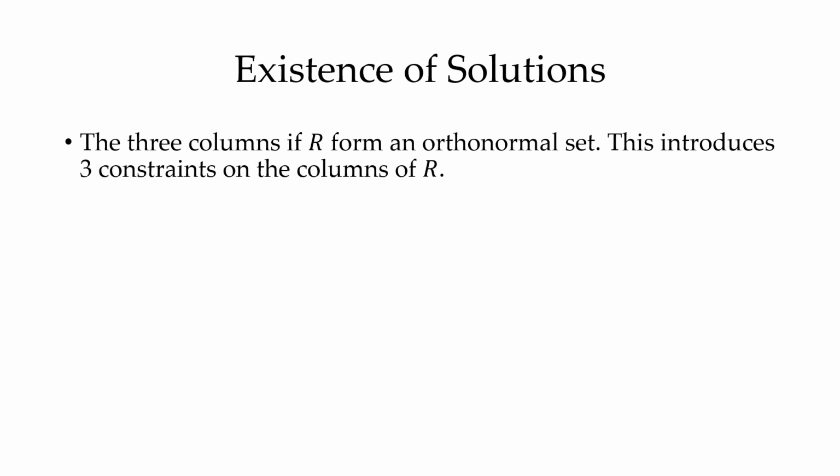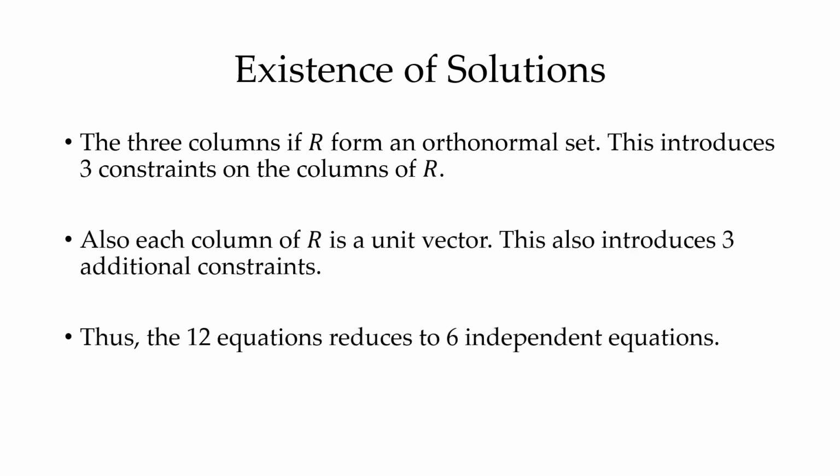You have already seen that the rotation matrix has 3 columns which are orthonormal sets. What do we mean by orthonormal sets? Each of these columns is mutually perpendicular. Let's name them r1, r2, r3.